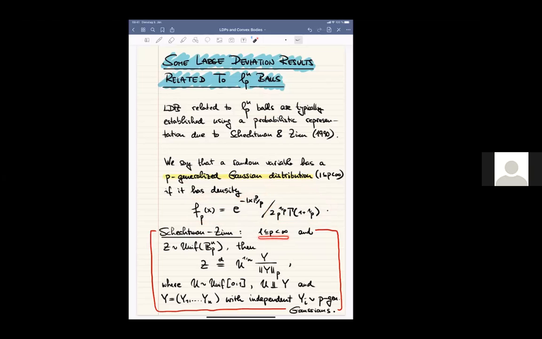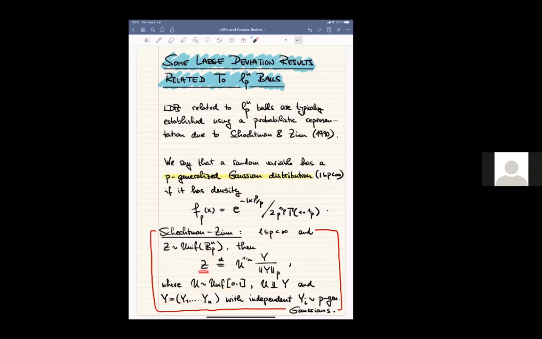And then Schechtman and Zinn and Rachev and Rüschendorf independently proved the following: that if p is between 1 and infinity, and you have a point uniformly distributed on the l_p^n ball, then your point is equal in distribution to u to the 1 over n times y divided by the p norm of y, where u is uniformly distributed on the interval 0, 1, independent of y, and y is a vector having independent coordinates, and those coordinates are p-generalized Gaussians.